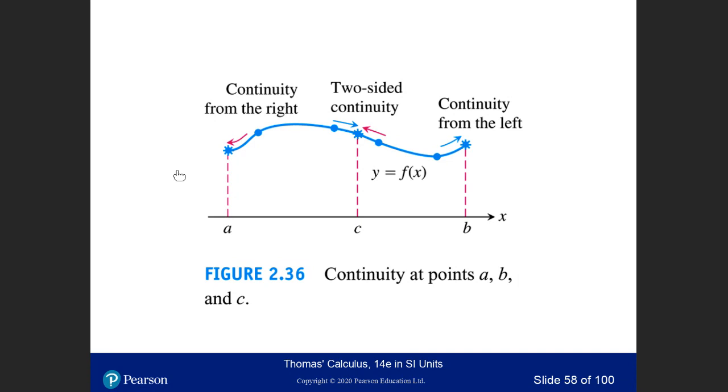At the interior points, you look at the ordinary limits. Ordinary limits must exist and must be equal to the value of the function at that point. But at the endpoints, you look at one-sided limits. If they exist, or if the function is left or right continuous at those points, then you say the function is continuous.